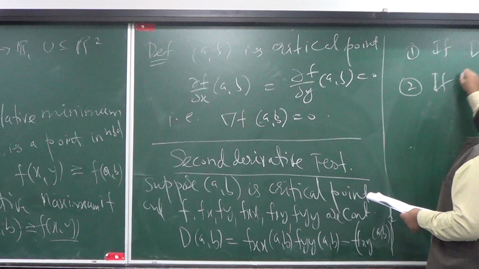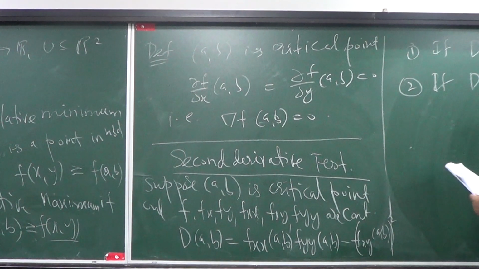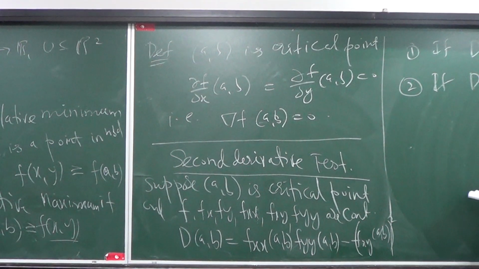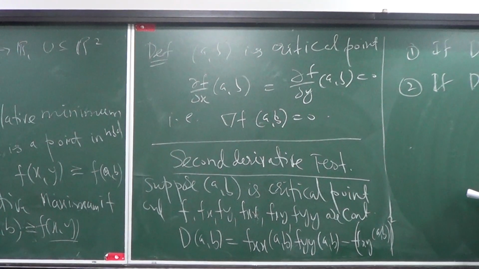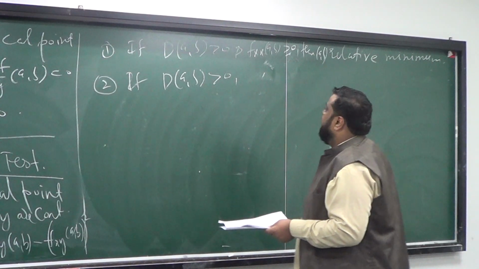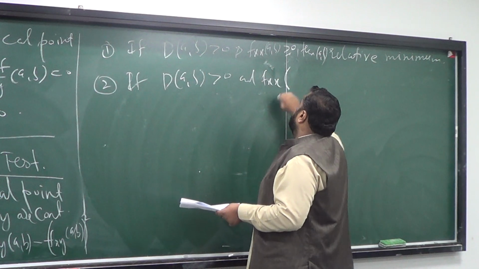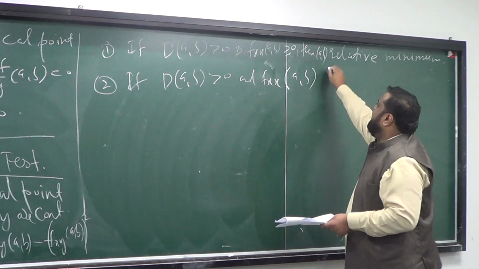And if D of (a, b) is positive, I should write one thing there: D is positive and fxx of (a, b) is also positive. Then (a, b) is a relative minimum.